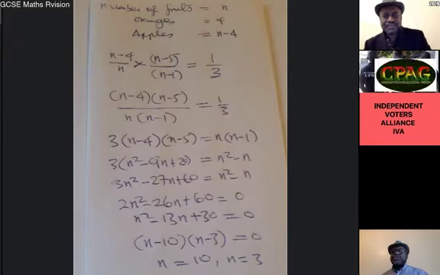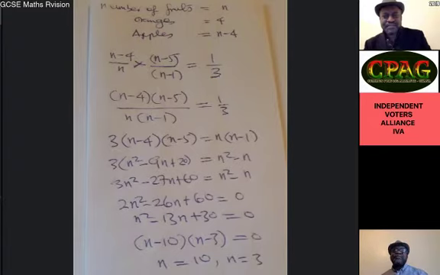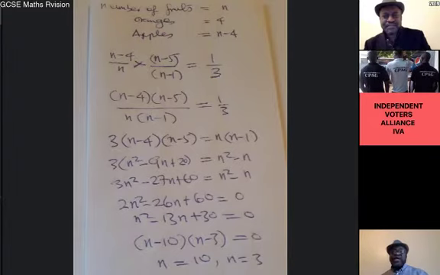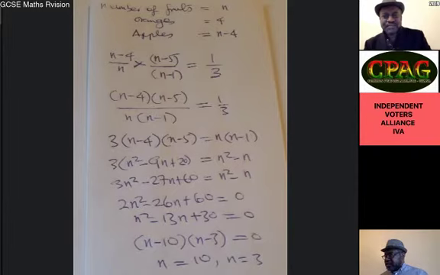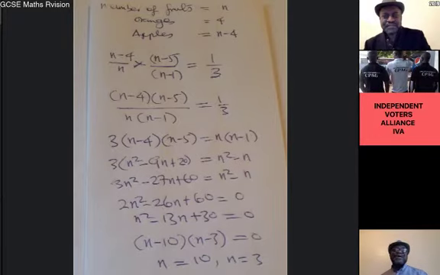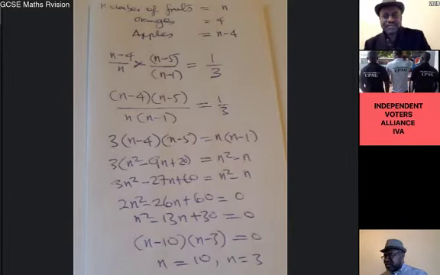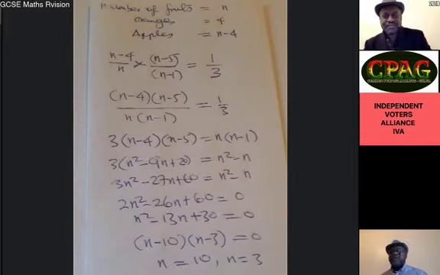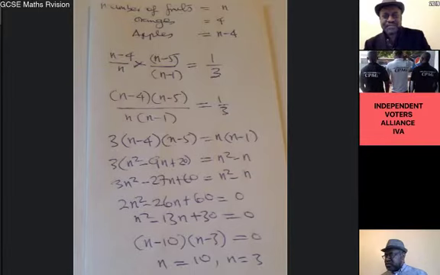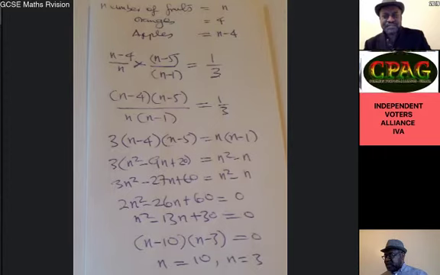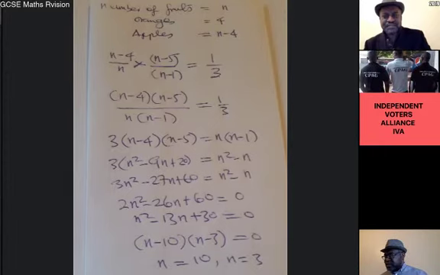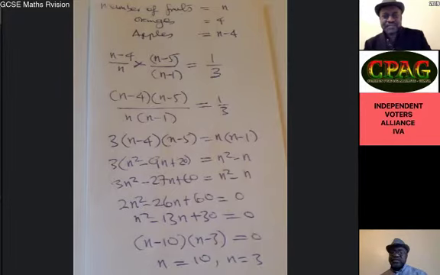Then you need to factorize the equation so that you find the value of n. You know how to factorize a quadratic equation. The factors of 30 that will add up to 13 are minus 3 and minus 10. So you get (n minus 10)(n minus 3) is equal to 0. So you have n is equal to 10 and n is equal to 3.